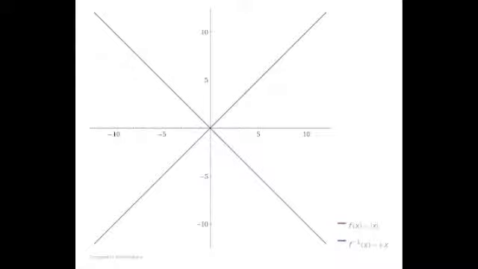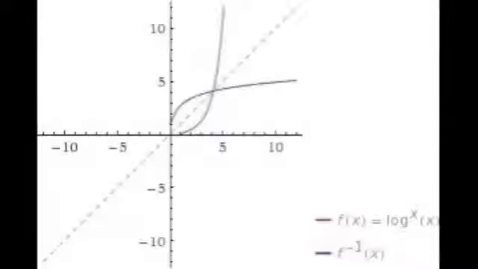So it's kind of interesting how the inverse overlaps it. Exponential is pretty much the flip of logarithmic. So those two things are pretty similar. They both have asymptotes, where for the exponential it's going to be the x-axis, and for logarithmic it's going to be the y-axis.